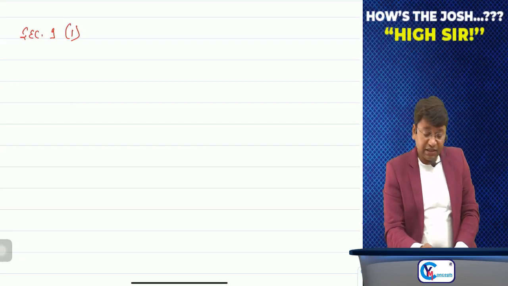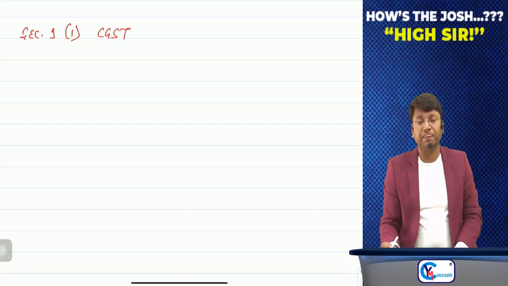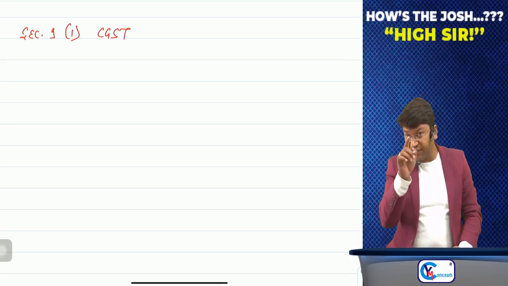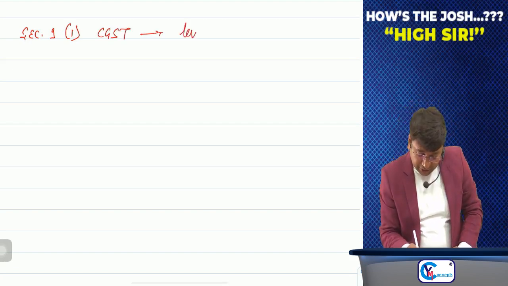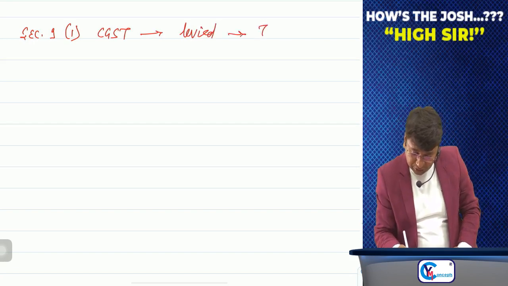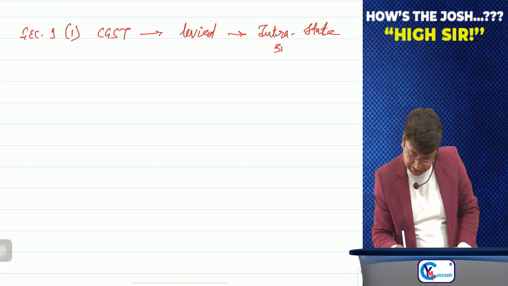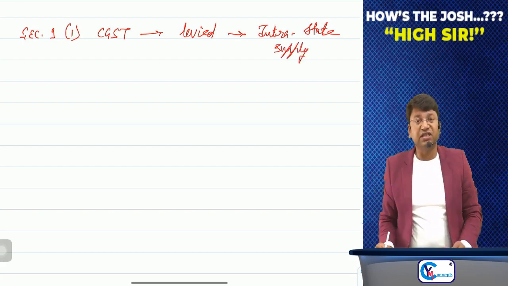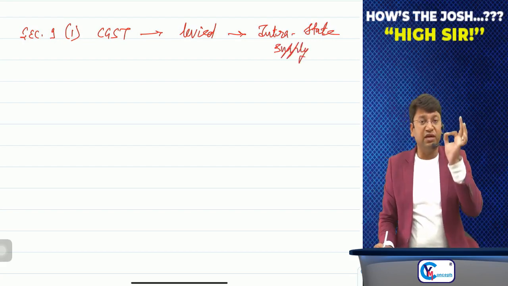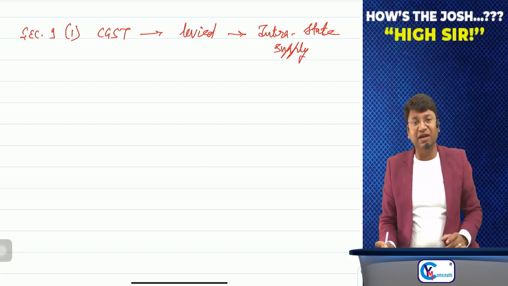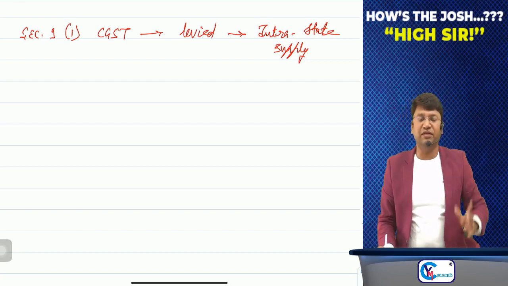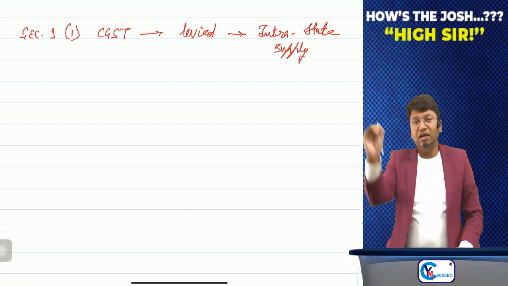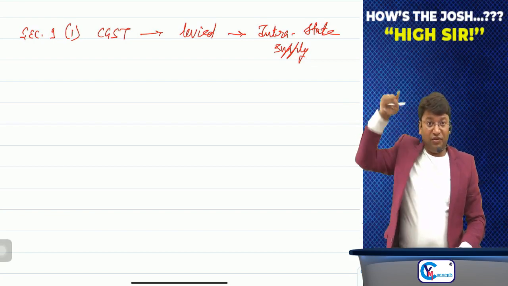Subsection 1 says that CGST will be levied on intrastate supply. On interstate supply, we already discussed that IGST will be levied, and for IGST, section number 5 of the IGST Act is given.